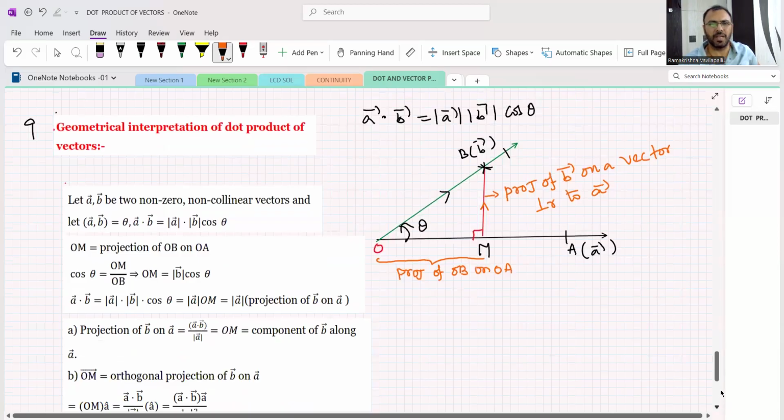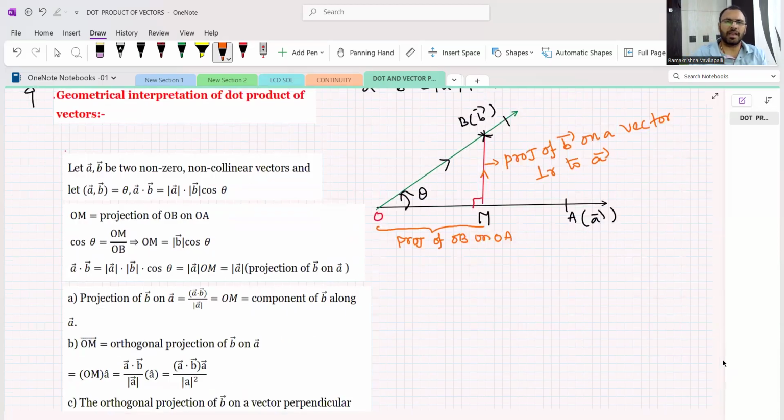Now you see what is cos theta from this diagram. Cos theta is equal to OM by OB, and therefore OM is equal to mod B cos theta.